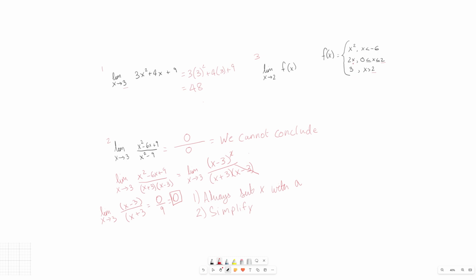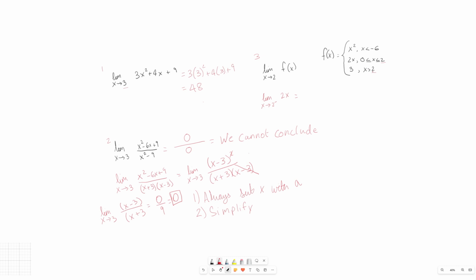So, on the left-hand side, which is less than 2, when x is less than 2, which indicates the left-hand side, you use this equation. So what you're basically trying to prove is that the limit as x approaches 2 minus is equal to whatever's on the greater side.